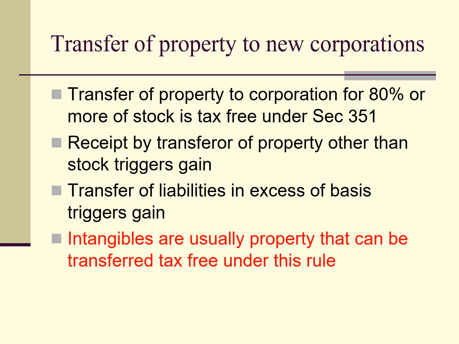Intangible assets, such as patents, copyrights, software copyrights, and know-how, all assets that are important in electronic commerce, are usually property that can be transferred tax-free under this general rule.